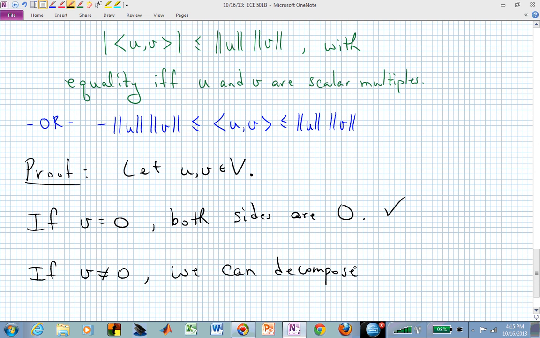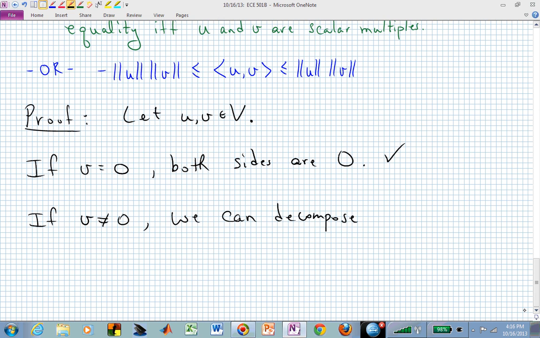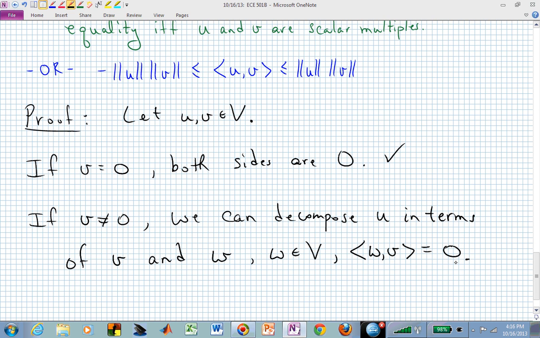If that's the case, then let's decompose u into an orthogonal decomposition. A piece of it is going to be in the direction of v, and the other piece is going to be orthogonal to v. If v is not equal to 0, we can decompose u in terms of v. And let's say w, like I said before, is in our vector space.